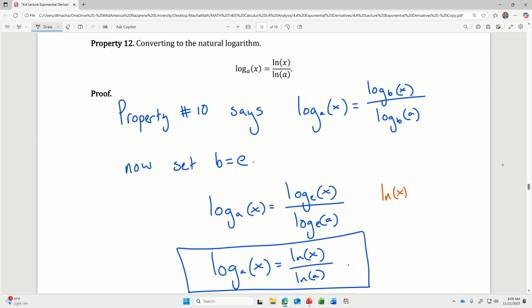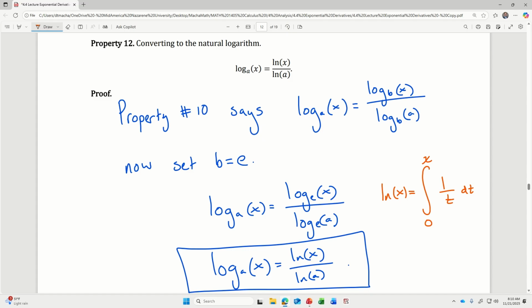Because what's the derivative of the natural logarithm? 1 over x, right? So that means natural logarithm is the antiderivative of 1 over x. So if I take the integral from 0 to x of 1 over t dt, that's going to give me my natural log of x function.